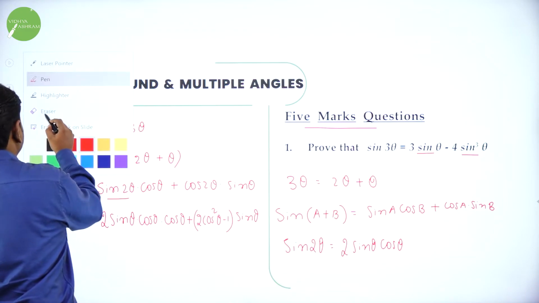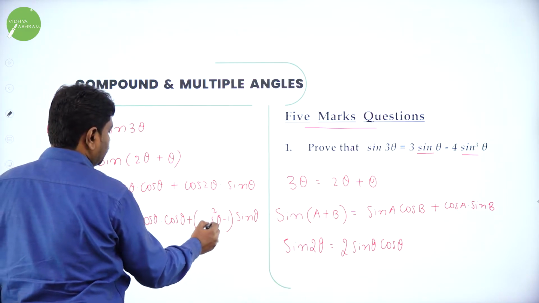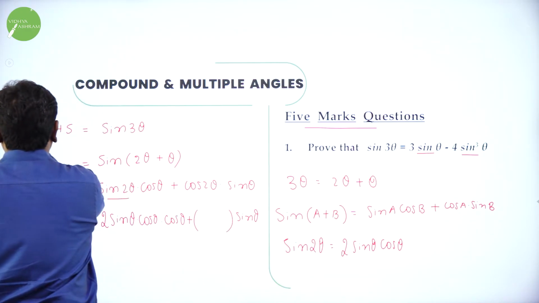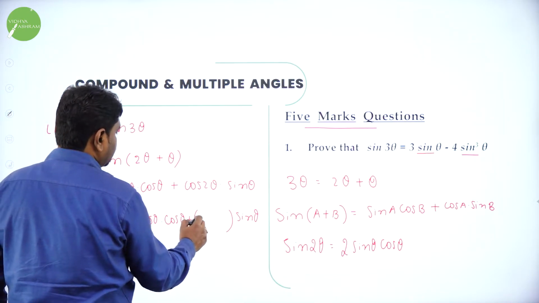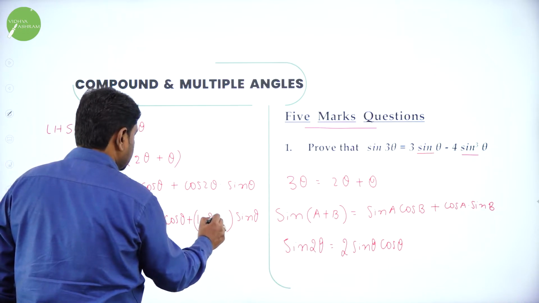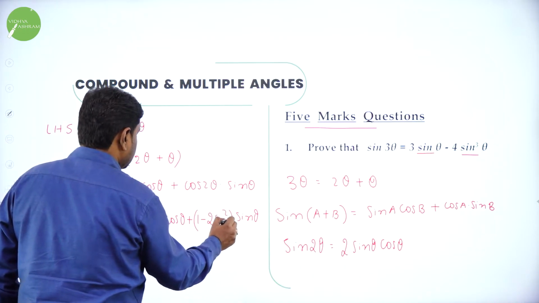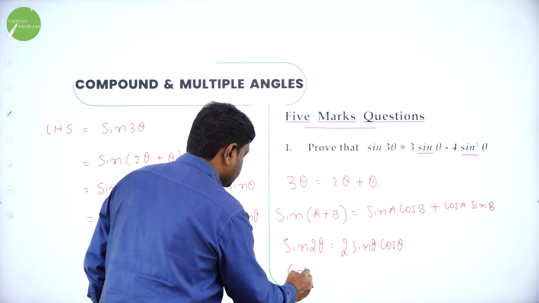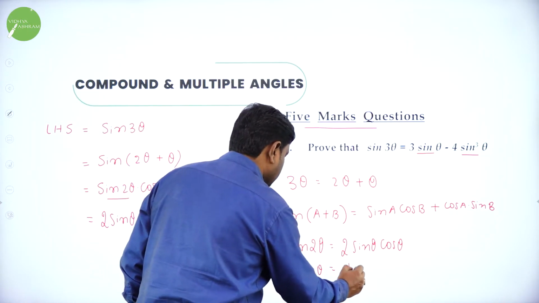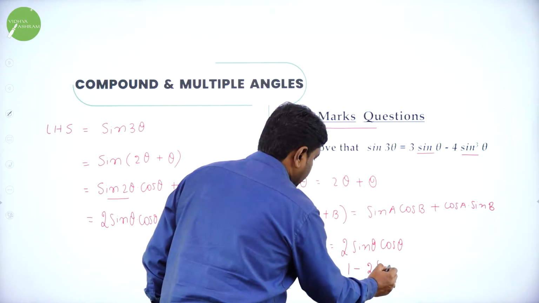So this is also fine, or better I write it in terms of sin. Why? Because we want every term in terms of sin. Cos 2 theta can be written as 1 minus 2 sin square theta. You know cos 2 theta we have 4 formats. I am using one of the formats of cos 2 theta.